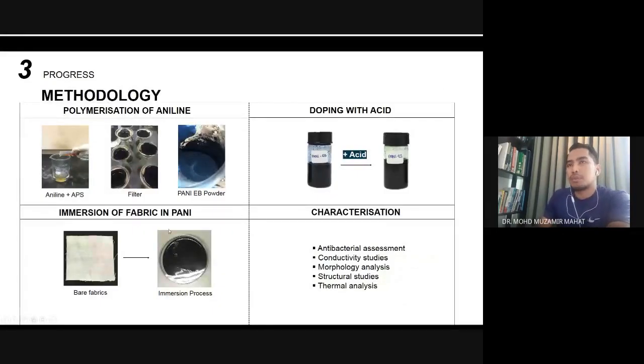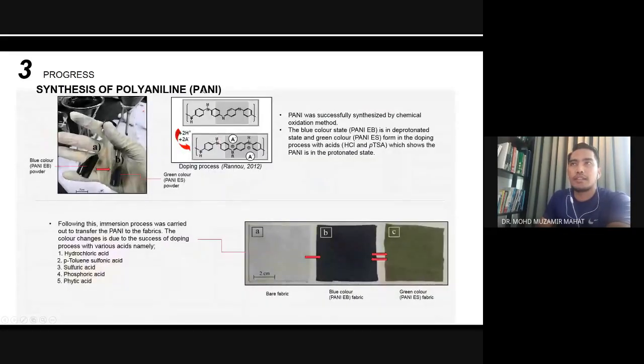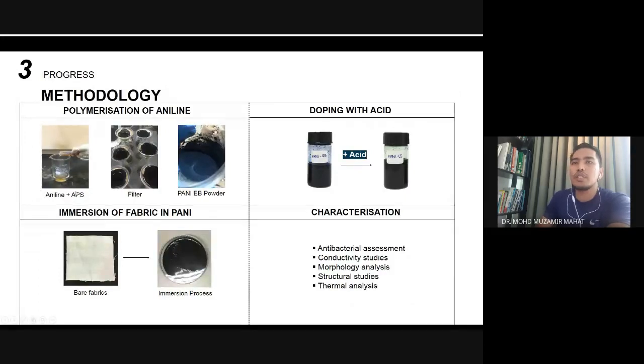So the method to produce this is we use aniline. The name just now was polyaniline, yeah. If you see polyaniline, basic polymerization, it should be from aniline, the monomer, becoming polyaniline, which is the polymer. So we use ammonium persulfate, which works as the oxidizing agent. We mix it with aniline. And then this is the filter. After we mix, we get a black and green color.